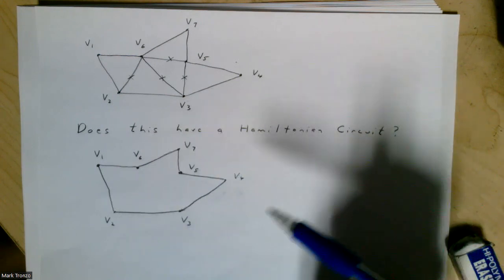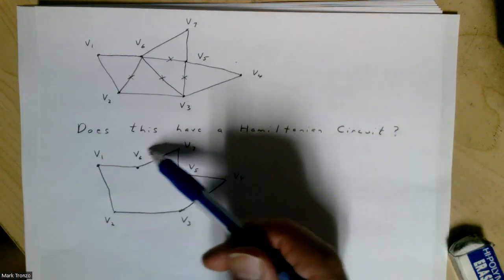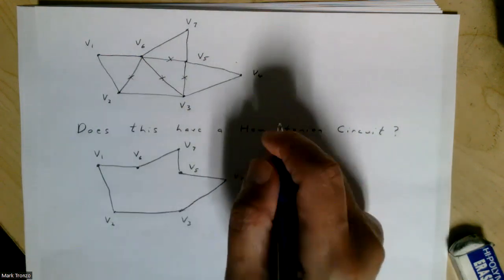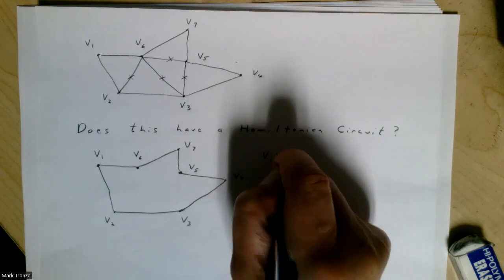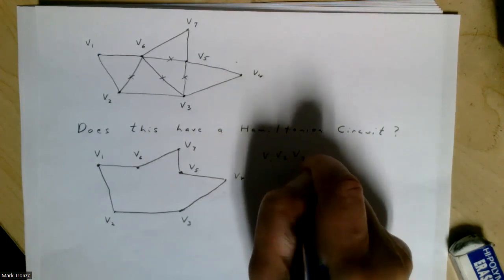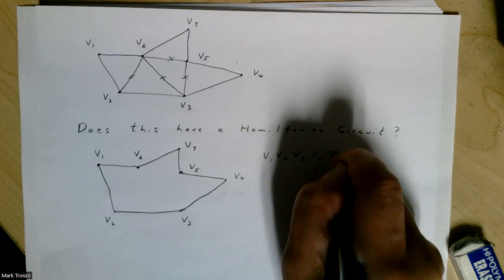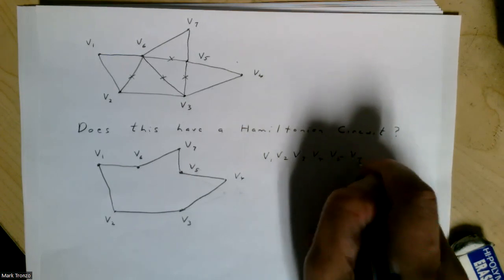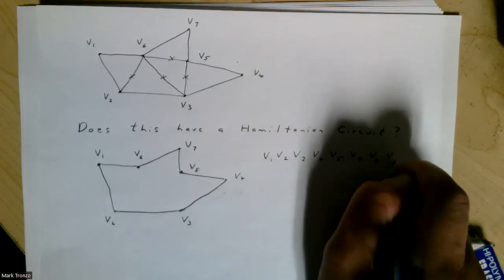Now you can find the Hamiltonian circuit easily because it's going to be just V1, V2, V3, V4, V5, V7, V6, back to V1.